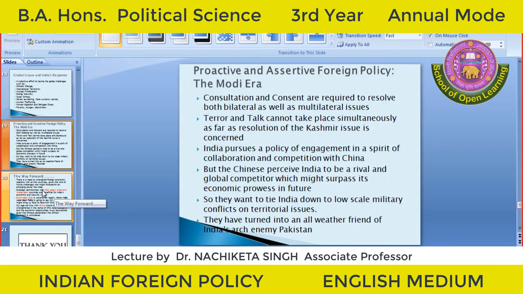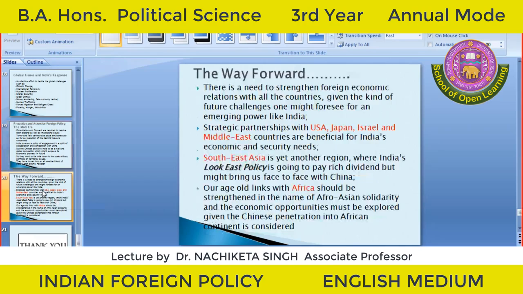The way forward: a lot of things can be said about what India should be doing, or how India should be responding as far as the evolving situations are concerned.